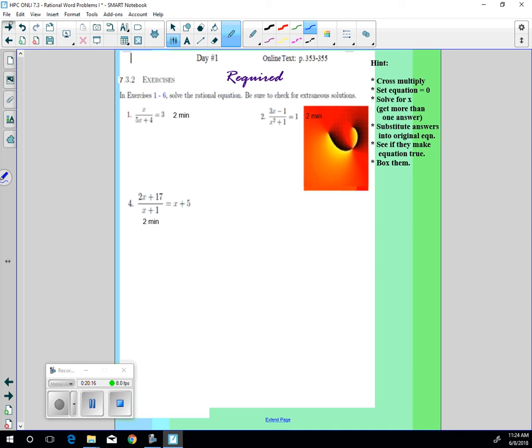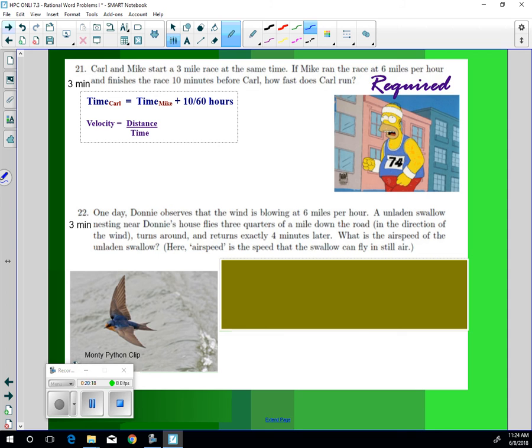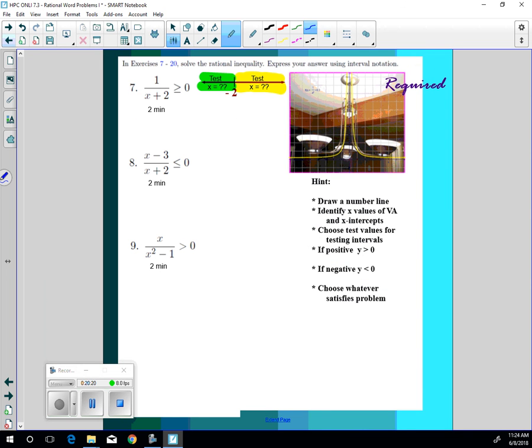Here's a couple of practice graphs. And I just wanted to mention these inequalities. All that you're asked to do here for all of these is you first find your vertical asymptote, which in this case is x equals -2. Look for your zeros, x-intercepts.